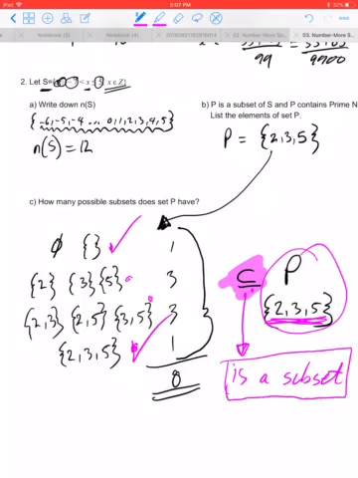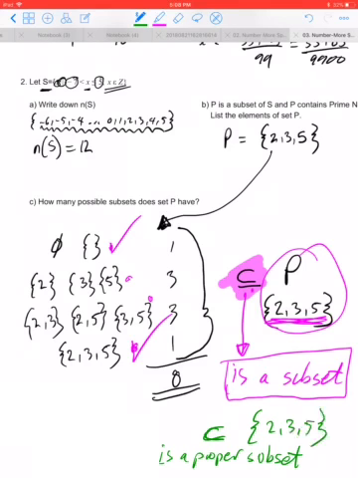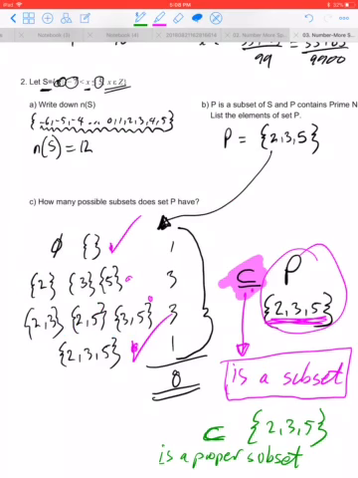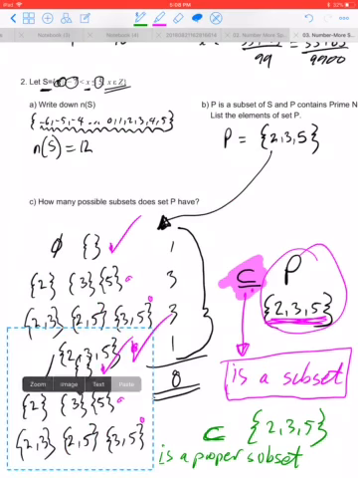Okay. Now I'm going to adjust this a little bit, because if we had this notation, this is a proper subset. And now with this notation, we've got the 2, 3, 5 here. But now from the group over here, let me see if I can lasso it, I can copy, and I can hopefully paste.